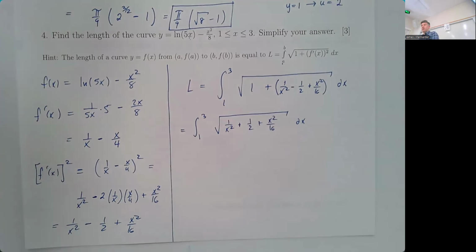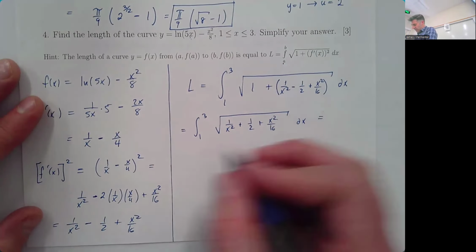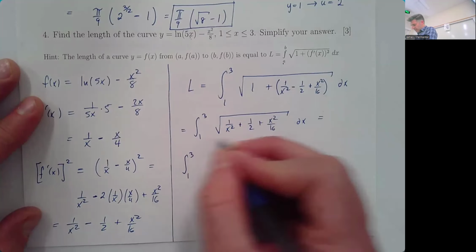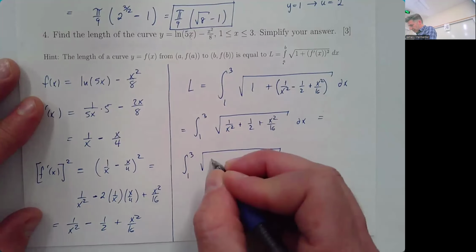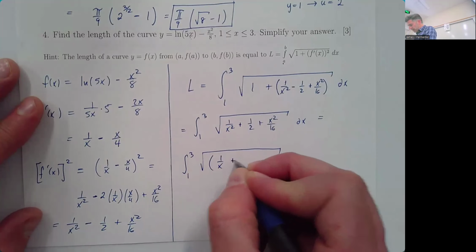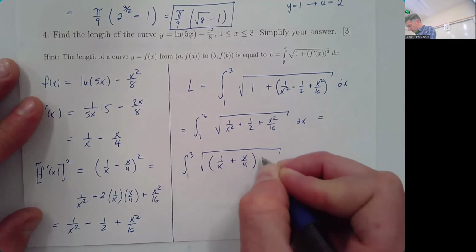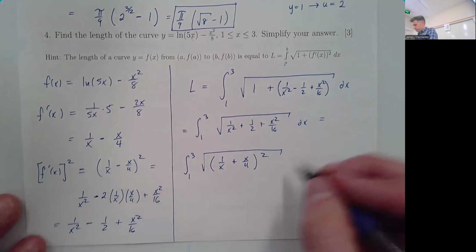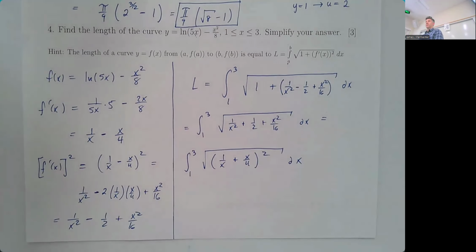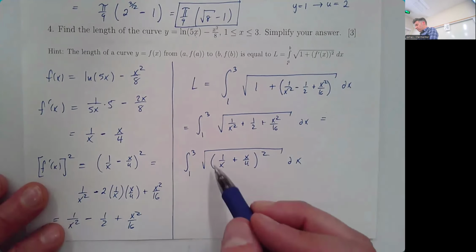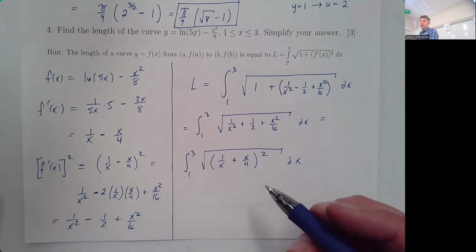And because we can see that 1 over x minus x over 4 quantity squared ends up being 1 over x squared minus 1/2 plus x squared over 16, it's not a big leap to see that the insides here factor as 1 over x plus x over 4 quantity squared. This is the pattern that happens a lot of the time with these arc length problems. And then the square root of this squared, you can just get the stuff inside.